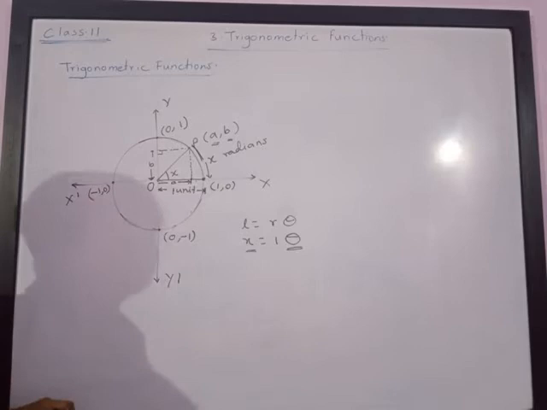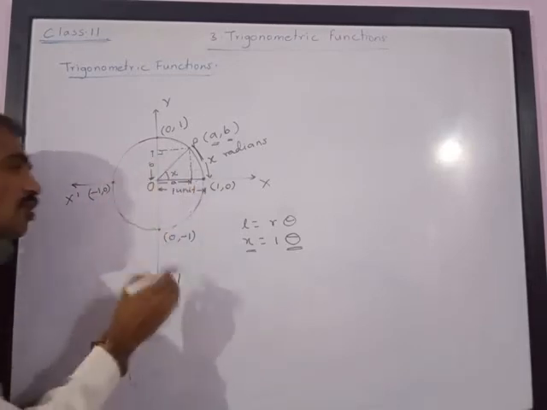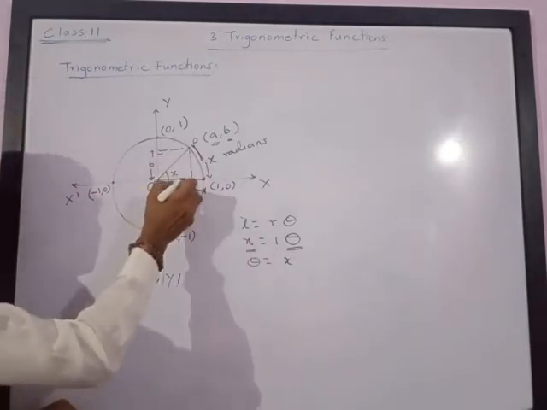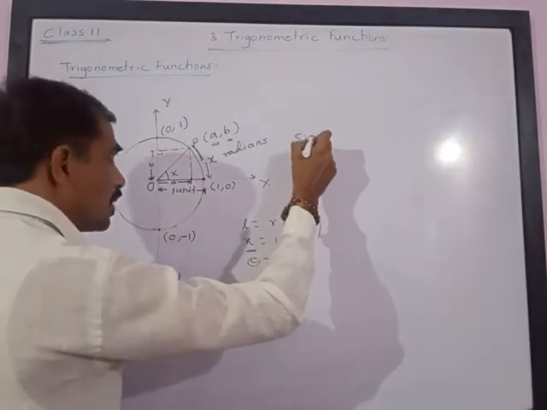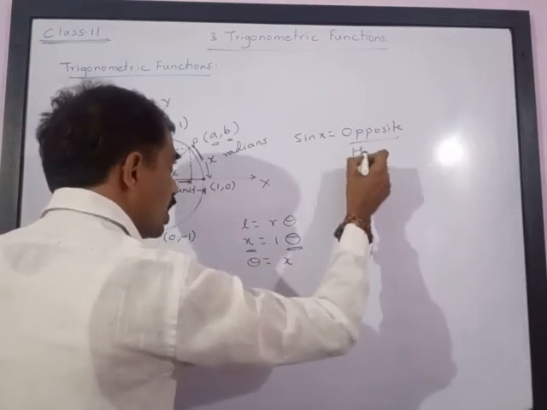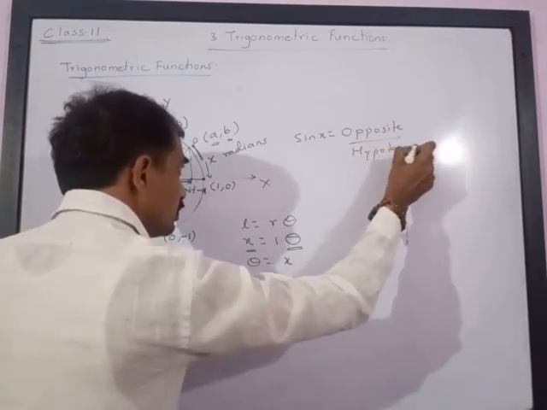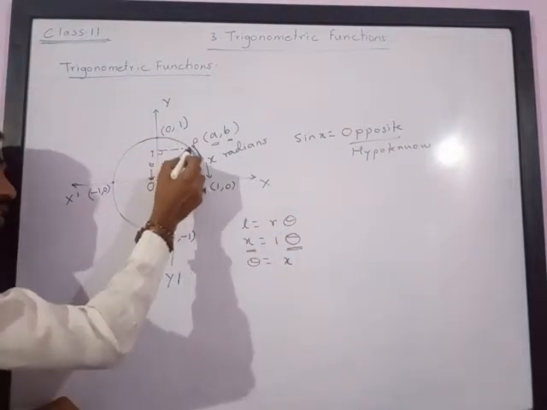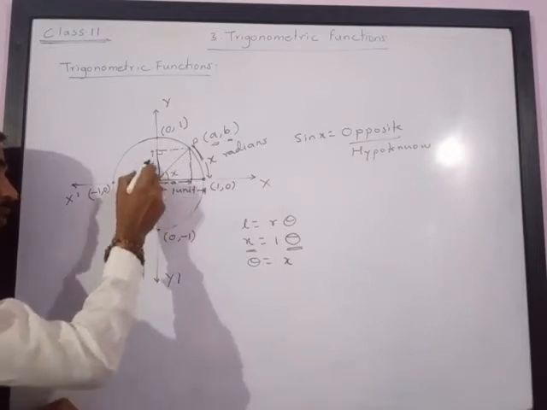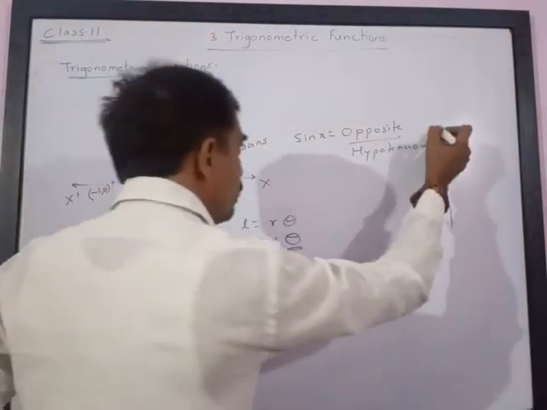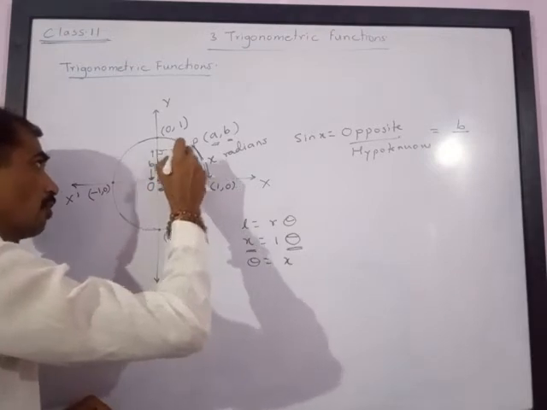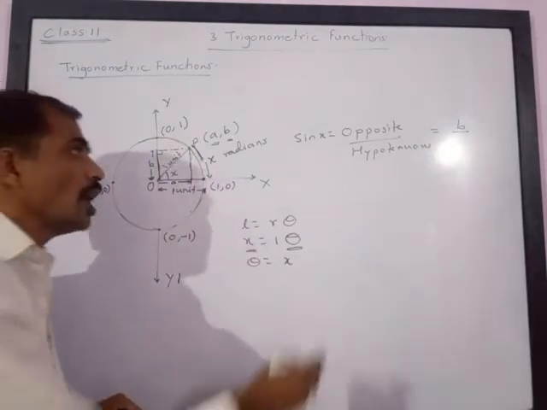Now watch carefully. Sin x will be, here we have theta equal to x, so sin x is equal to opposite upon hypotenuse. Here please note, the opposite of x is this distance, which is b. So we will get b upon hypotenuse, which is 1 unit. Please note, it is a circle of radius 1, so the hypotenuse is equal to 1.